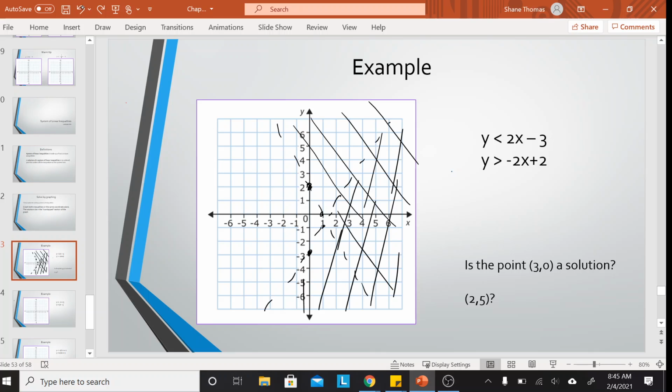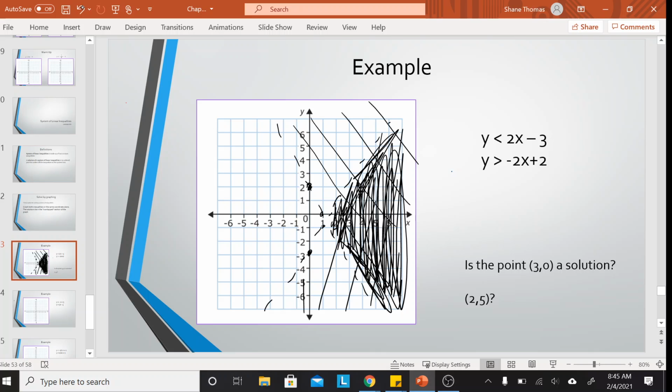Just listen. If you get it like this, do you see where the overlap section is? I would go through and shade it again. Make it pretty dark in that section. You see what I mean? All right. Now, again, make sure I can see if it's dotted lines or solid lines and that kind of stuff. So if you're not perfectly on it, that's fine.